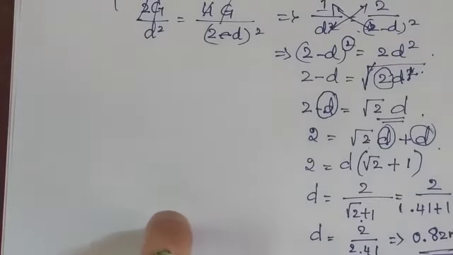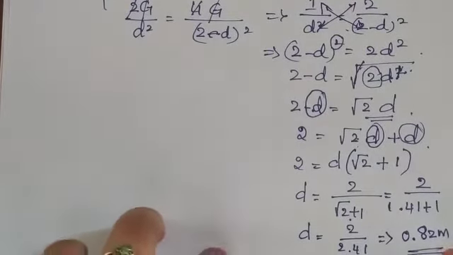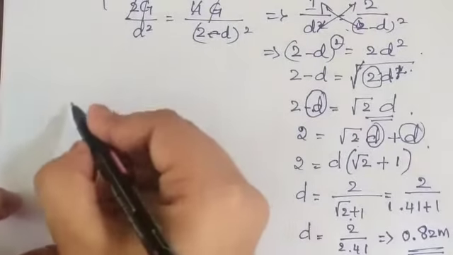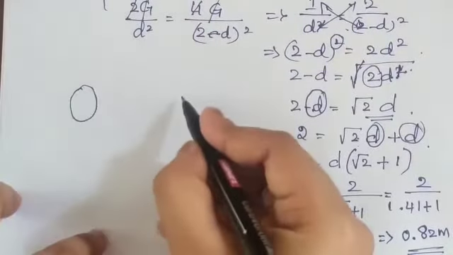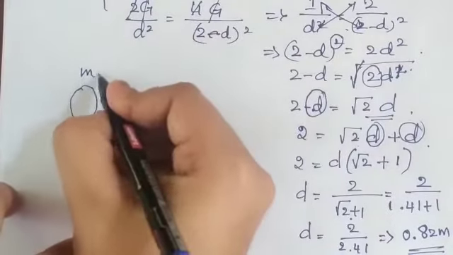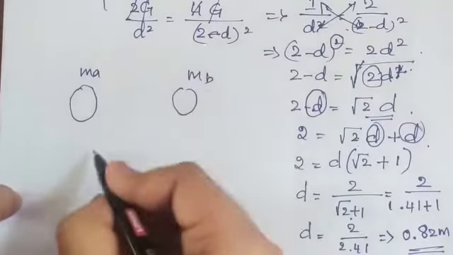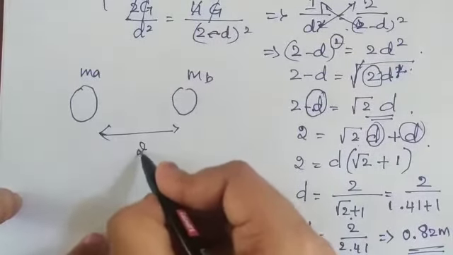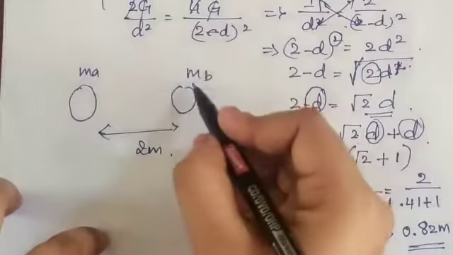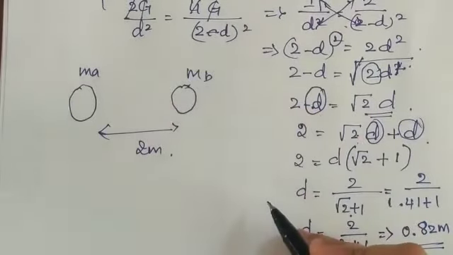So the distance I have got is 0.82 meter. For example, considering mass of A and mass of B, the total distance between them is 2 meter. Where should I place this mass of C object?